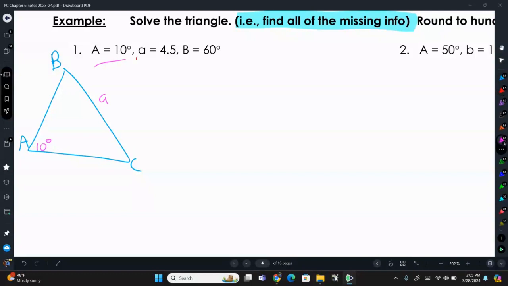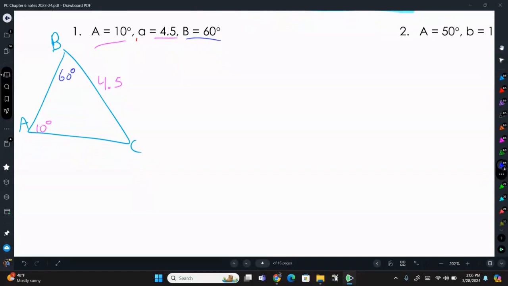Oops, I'm sorry. Side A is 4.5. And angle B is 60 degrees. So from here, we need to find what angle C is. We need to find out what side C is, and we're trying to find out what side B is.